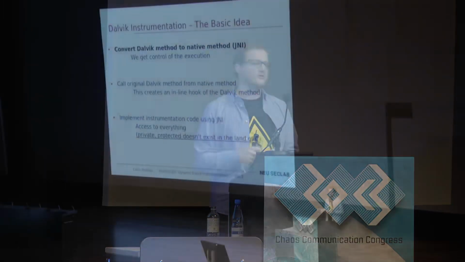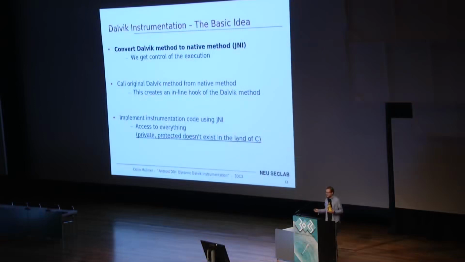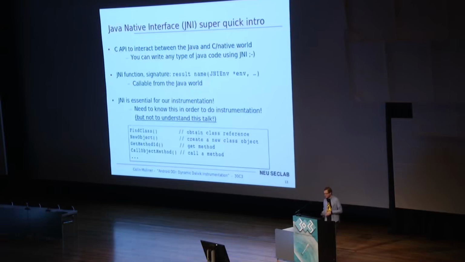So we can create a really easy inline hook. And the nice thing is, when our code executes in JNI, we are in the land of C, so all the Java protections like private, protected, and so on, don't exist for us. So we can access anything in that VM, which is really handy if you want to do instrumentation.